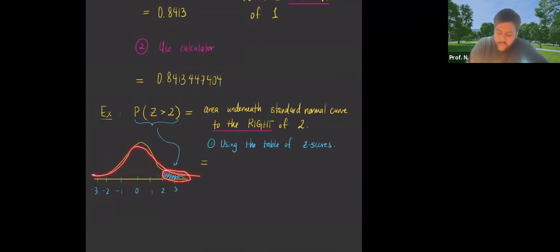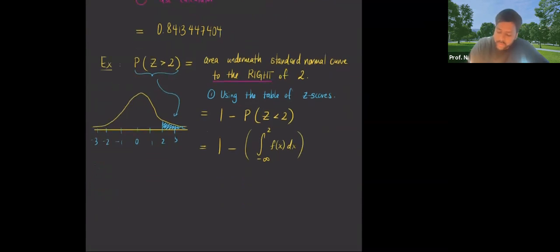So to find this piece, I can do the entire thing minus the other side, and that difference will give me the right. So this is the same as saying 1 minus the probability that z is less than 2, which is the same thing as saying 1 minus the integral from -infinity to 2 of f of x dx, which is the PDF, right?